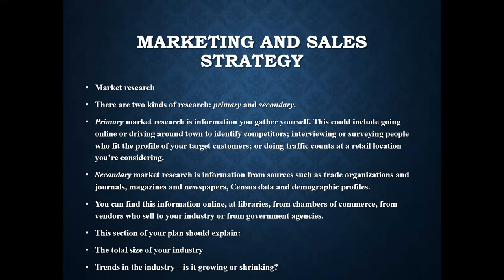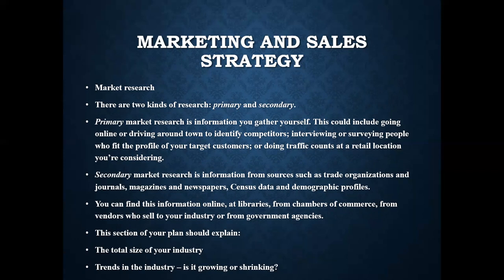This could include going online and driving around town to identify competitors, interviewing people, surveying people who fit the profile of your target customers, and doing traffic counts at retail locations. It also includes doing focus groups, just getting a feel from people to get that idea if they like your product, so you can test that market.